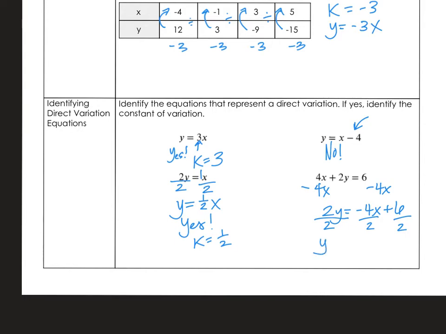So now we have y equals negative 2x plus 3. This 3 is telling us that the y-intercept is positive 3. So no, this is not direct variation, because for direct variation, the y-intercept is 0. It goes to the origin.